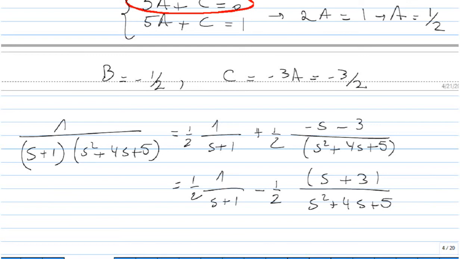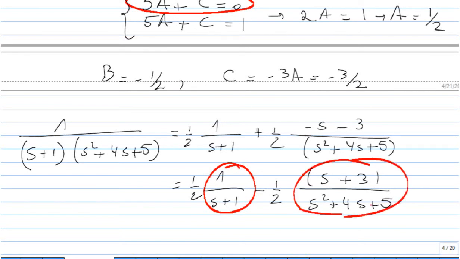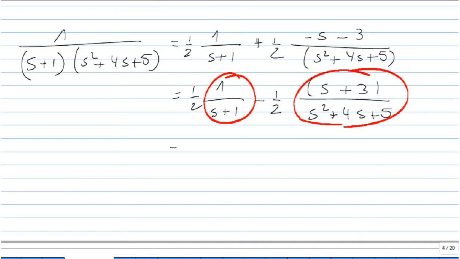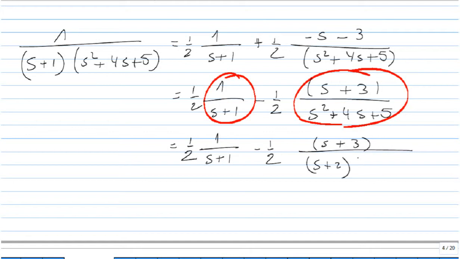Now, this one is easy, it's e to the minus t from the table. But for this one, I need to complete the square at the bottom to be able to use sine and cosine. So this will give me 1 half, 1 over s plus 1, minus 1 half, s plus 3 over, once I complete the square, s plus 2 squared plus 1.